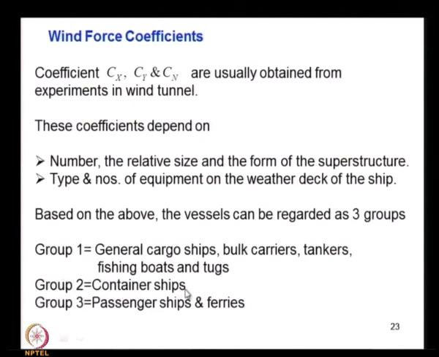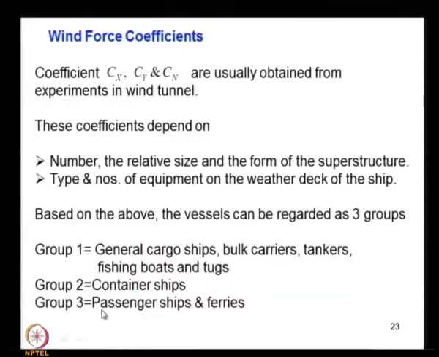Category 2 is container ships. You might have seen container ship pictures with a lot of containers stacked on deck. So, the wind blockage is very high for container ships, and it is bad for the ship. You already know the stability of a container ship is at stake because of the top loading, and with the wind effect it is going to be worse.